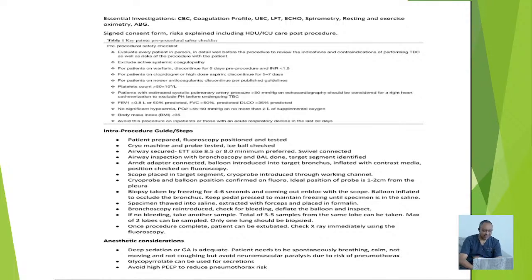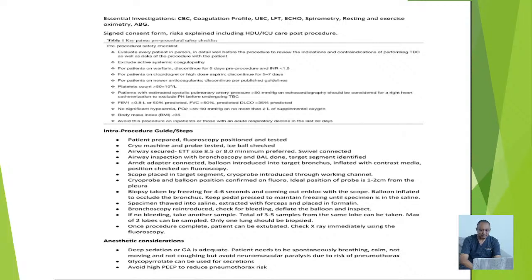And we also have a checklist, and on the checklist we look at the HB, we look at the INR, we make sure the coagulation profile is okay, make sure that the echo has been done and we are happy with it. And all those things are checked very, very carefully so that we reduce the risk for our patients. The type of anesthesia we generally use is deep sedation, but sometimes we use general anesthesia.